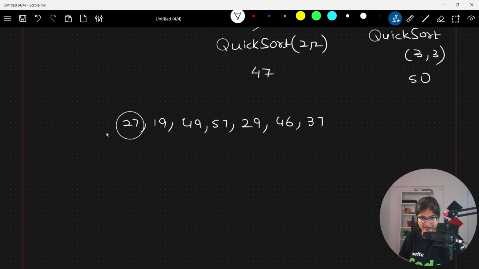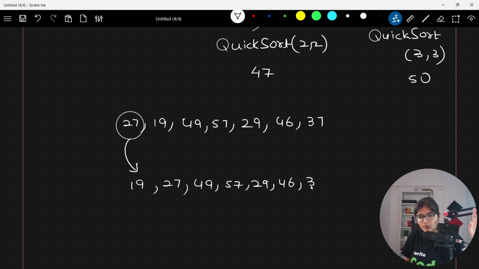Now here this is the pivot element, right? Once you do the first iteration, we all know that 27 will be at the second position and all the elements on the left of 27 will be on the smaller side, right? All the elements left of 27 will be smaller, and I'm just randomly writing the numbers. I'm not sure the sequence will be correct or not, but what I'm sure of is that the elements towards the right side of 27 will be larger.